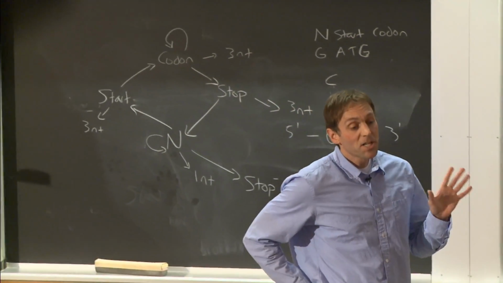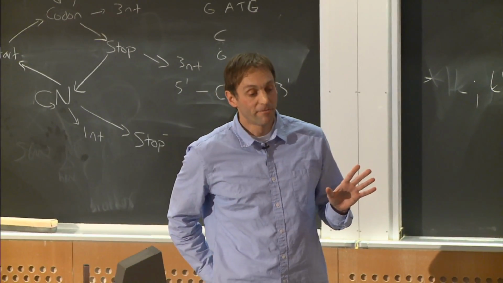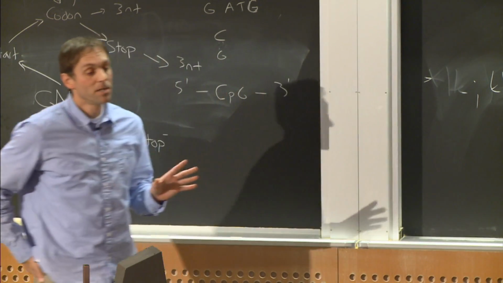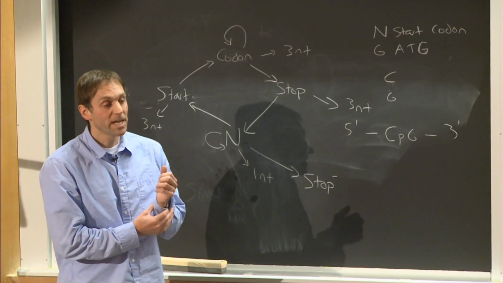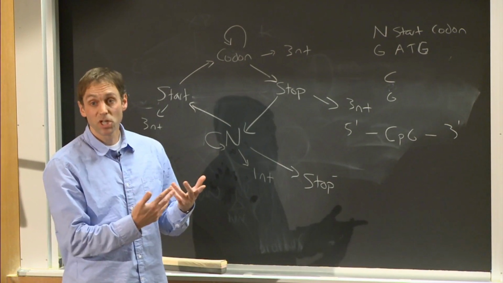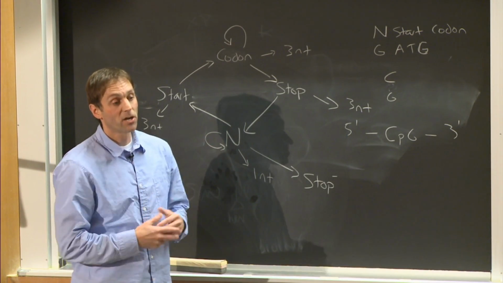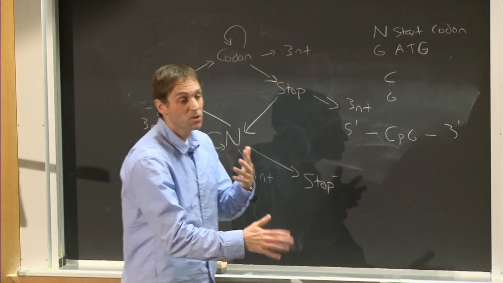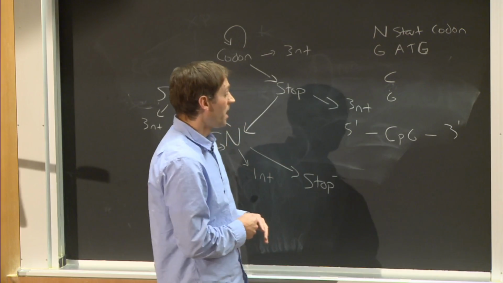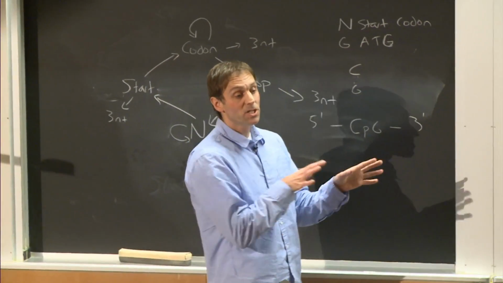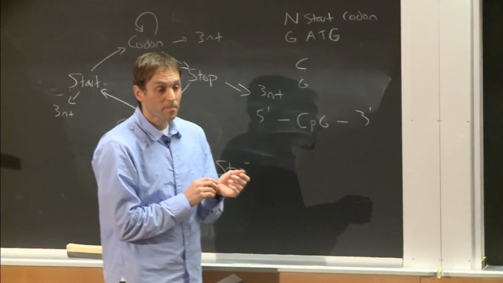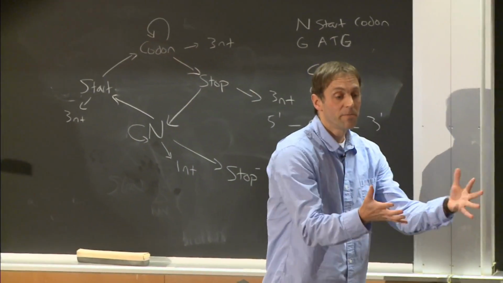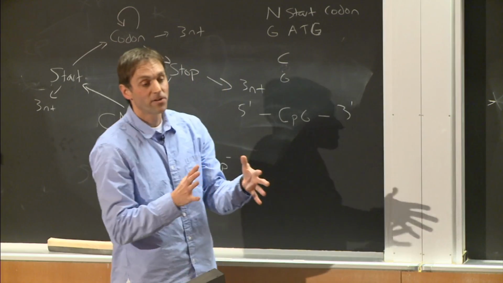So this dinucleotide is rare in vertebrate genomes because CpG is the site of a methylase, and methylation of the C is mutagenic. It leads to a much higher rate of mutation. So CpGs often mutate away, except for the ones that are necessary. But there are certain regions, often near promoters, that are unmethylated, and therefore CpGs can accumulate to higher frequencies.